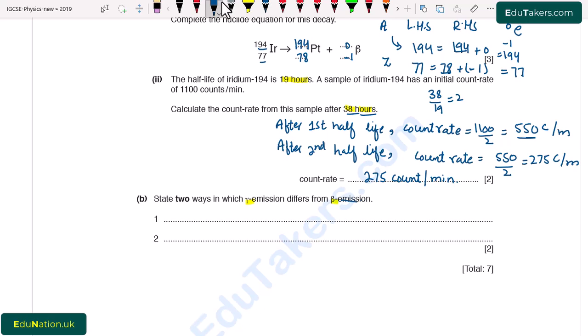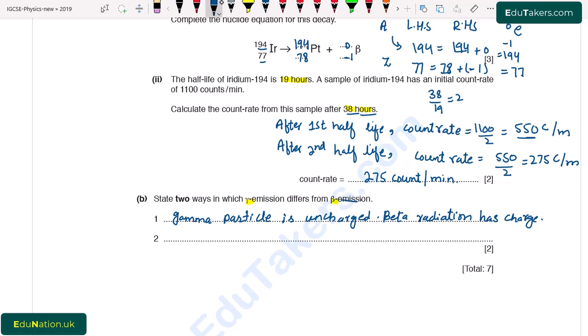So I write here gamma radiation has no charge, and beta radiation has charge.